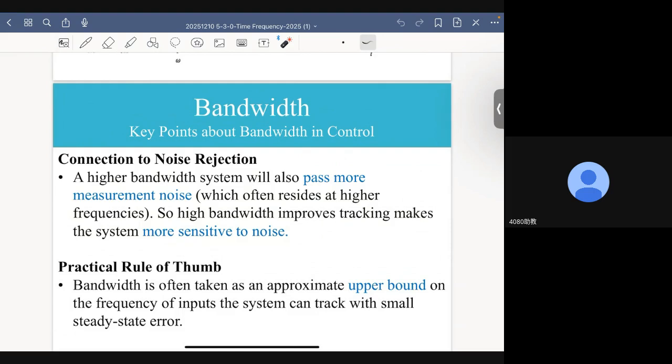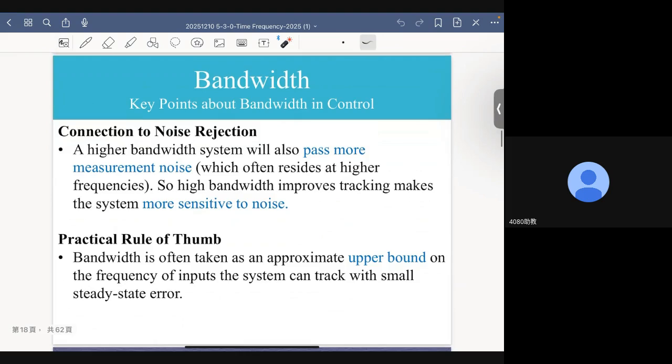It is difficult to do that, not just because you need, for example, a more powerful actuator and a smaller time constant, but also you need to consider the sensitivity of the system to noise and the reduction of stability measures such as phase margin and gain margin.